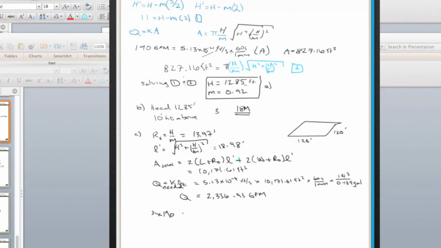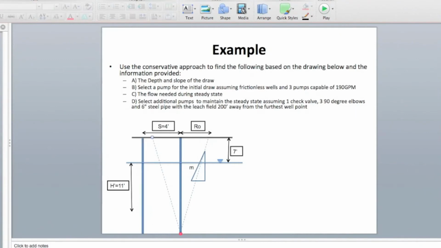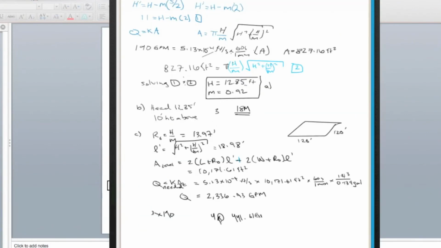Anyway, so there's 570 from the initial, subtract that off of this 2336, and the remainder we're going to just assume initially that we're going to use 4 pumps, so 4 additional pumps, and if you do the math, it comes out to 441.61 GPM.